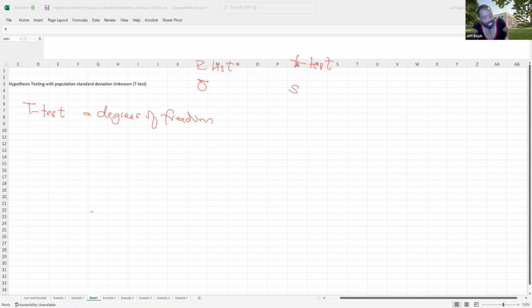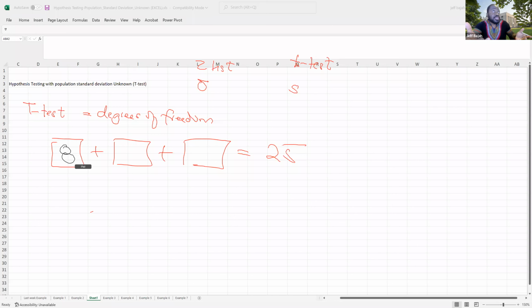A simple example is if I give you 3 boxes, and I say it's equal to 25. And I say you should select any number you want, right? Let's be fair. You can select 8. That's your choice. You can select, I don't know, maybe 12. That's your choice. But this third number, you don't have a choice.